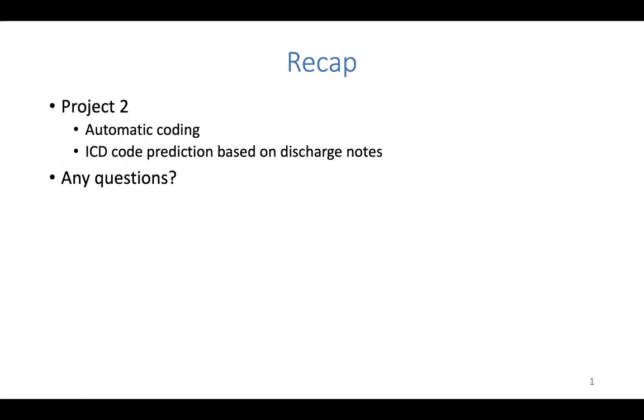So AUPRC and AUROC are for evaluating binary classifier, but what we have in the project number 2 is multi-label classification. So I'm not sure if you can directly use average precision and ROC function as is, because what you are trying to input to those APIs is a matrix. So the rows would be different samples, and the columns would be different classes.